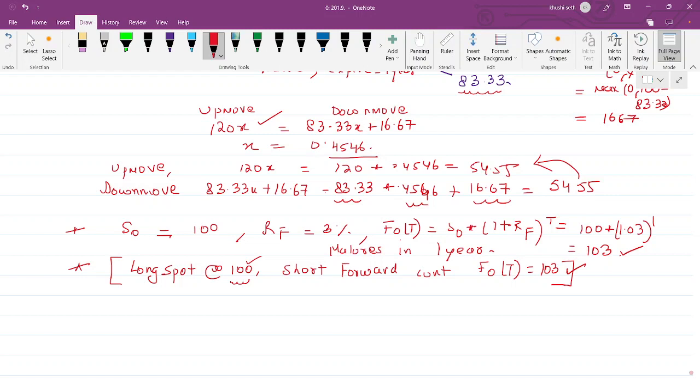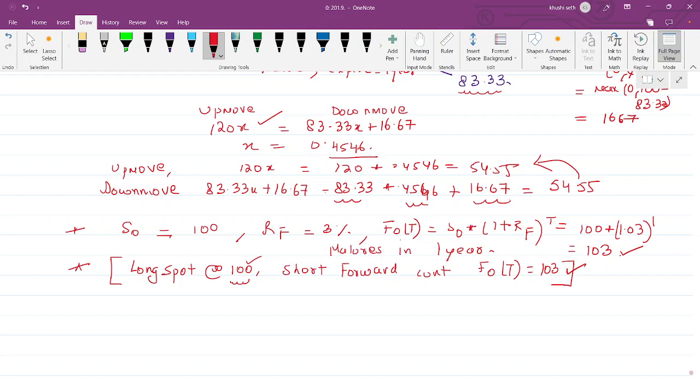So we know that in the first class we had discussed that when you trade on a forward contract, no cash changes hand. You don't have to pay anything if you buy a forward contract, and you don't get anything when you sell a forward contract. No cash changes hand at the initiation of a forward contract.